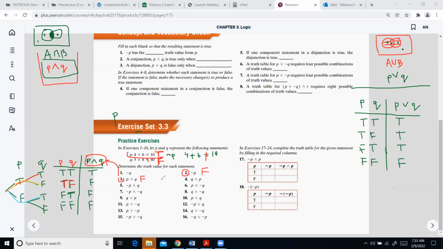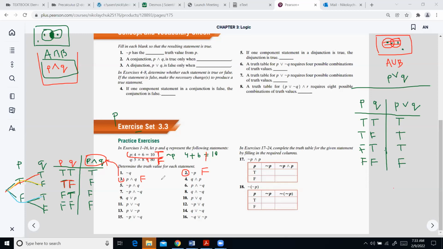So I just pulled this from my table, the row that has true for P and false for Q, and that's what we just figured out. So it's interesting.